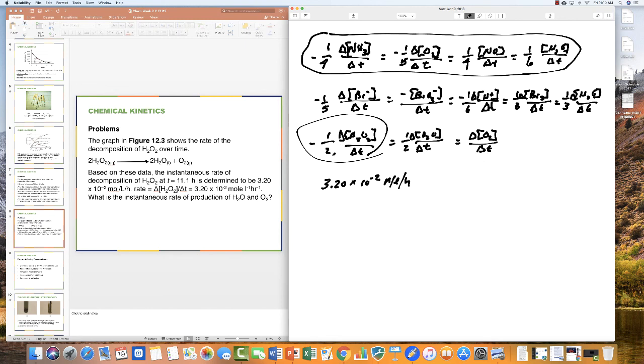Well, the relationship here is the same, and so water would also be 3.2 times 10 to the minus 2 mole per liter per hour. And the relationship here is 2 to 1, and so this would be divided by 2. So it would be 1.6 times 10 to the minus 2 mole per liter per hour. So this forms at this rate, this forms at this rate.